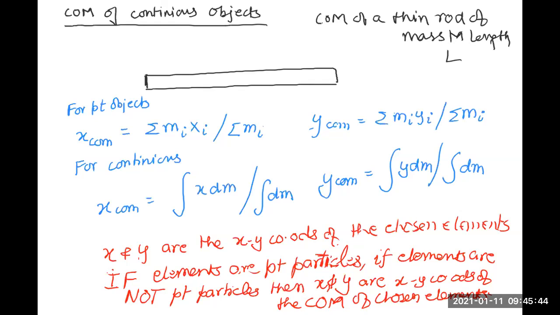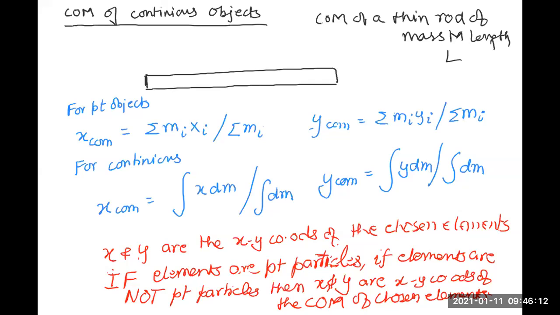In fact, it is exactly the same as what we were doing up till now. So if I gave you a question in which there are four distinct point particles and I give you their coordinates, then it is a very straightforward question of application of that formula, the same summation of mi xi divided by summation of mi.